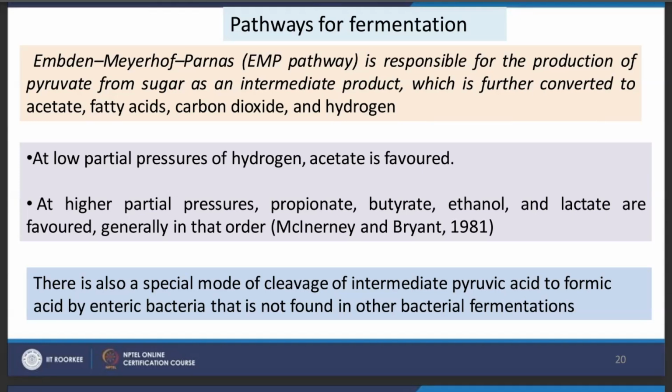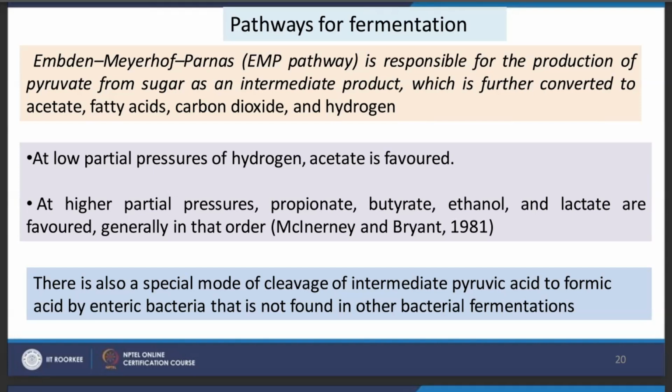But when oxygen is not available, we are talking about the fermentation process, right? And we are talking about the processes which are taking place inside the microbes. So the pyruvate, instead of going into the Krebs cycle, which is a part of the aerobic pathway, has multiple routes to get converted based upon the partial pressure of hydrogen in the system. This is one type of switch.